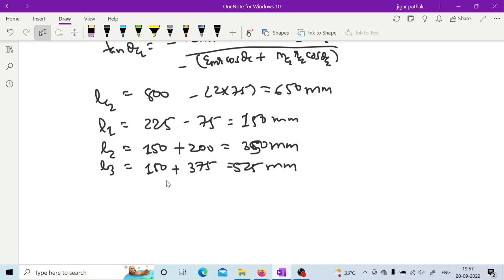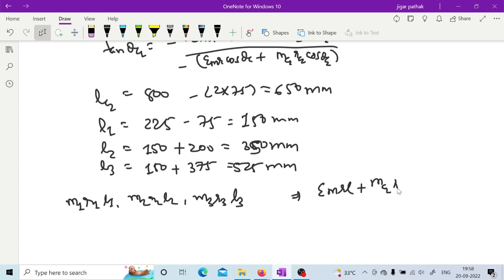Once you have all this data, you can calculate M1 R1 L1, M2 R2 L2, M3 R3 L3, right?